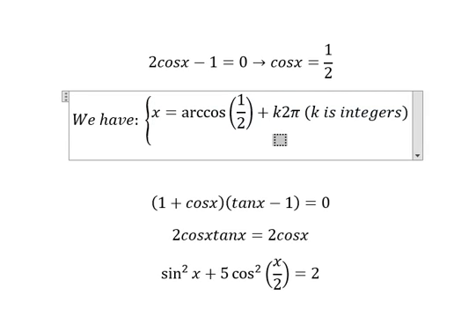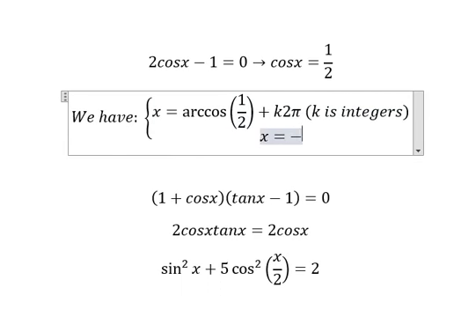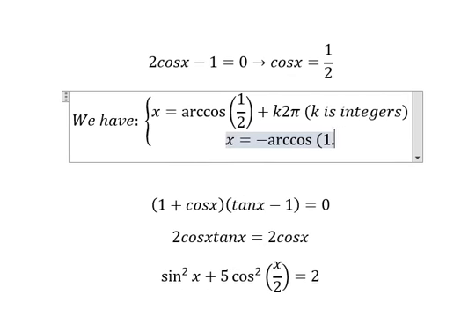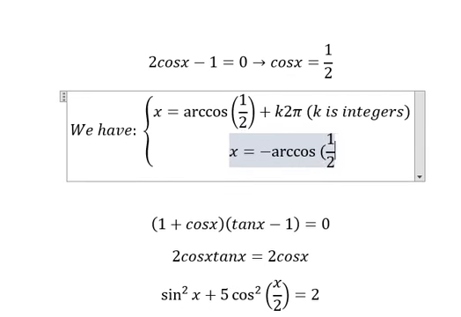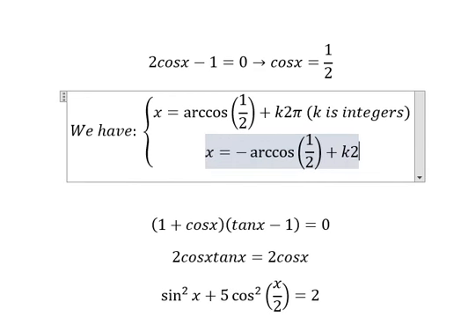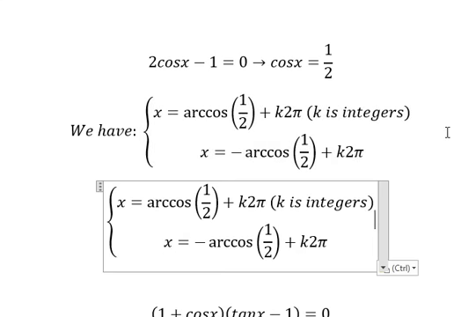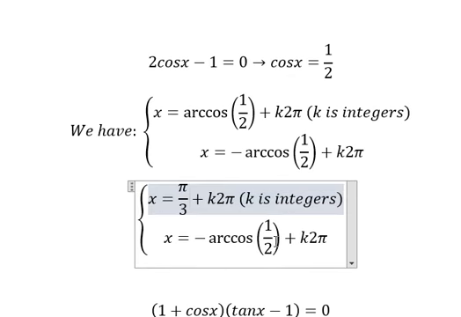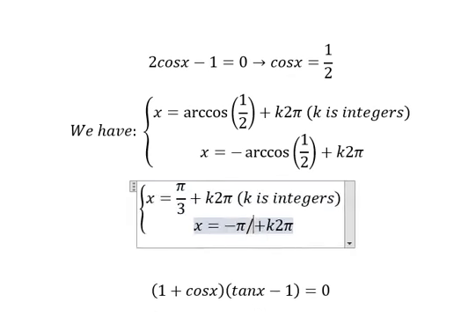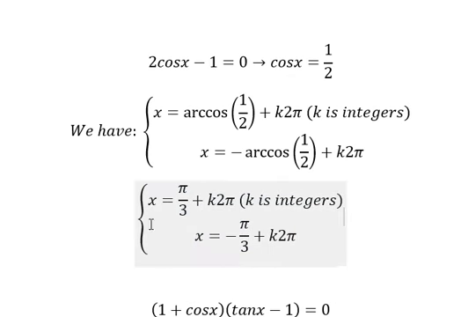And the second one is x equal to negative arccosine of 1 over 2 plus 2kπ. Arccosine of 1 over 2 is π over 3. This is π over 3. And that's the answer for question number 1.